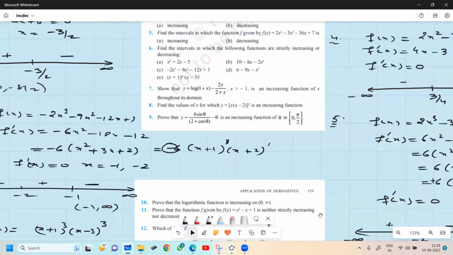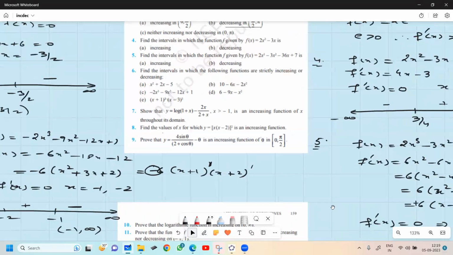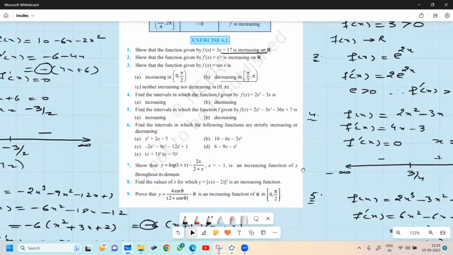Now, questions 7 and 9 are important. Just check how to do these questions.